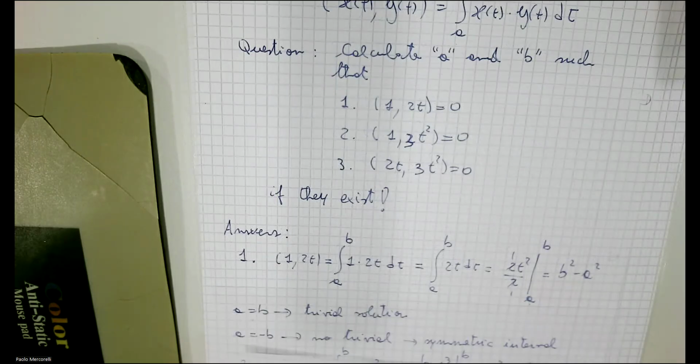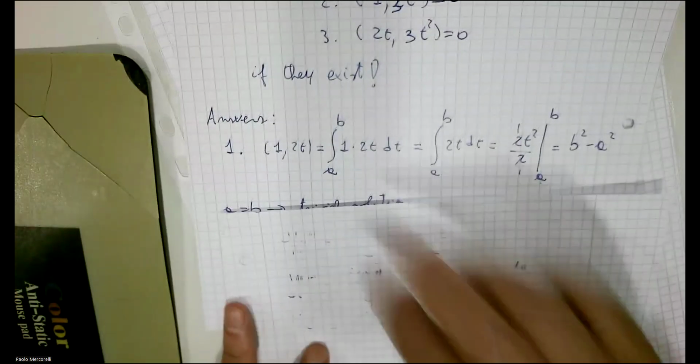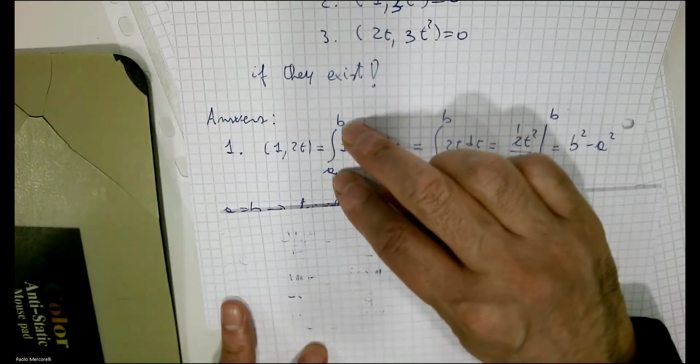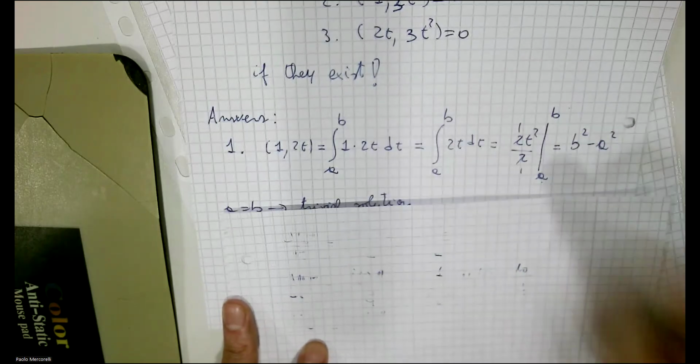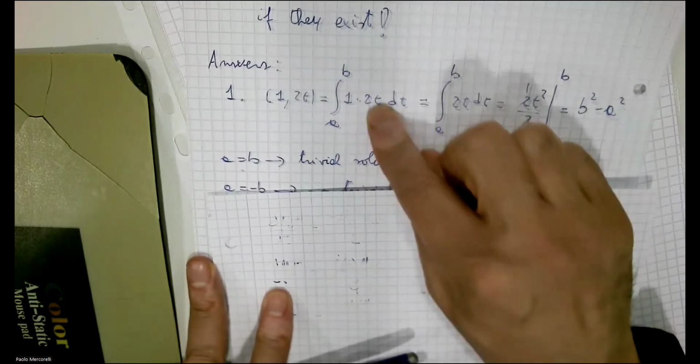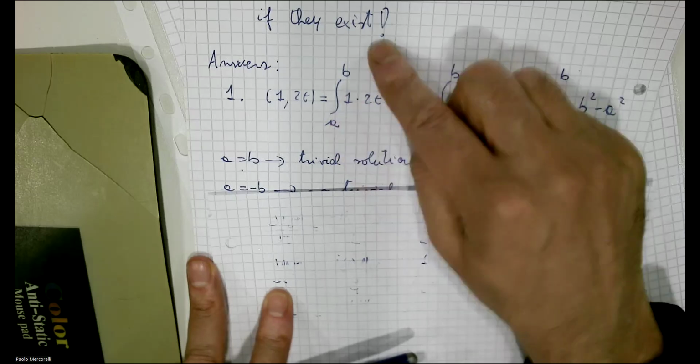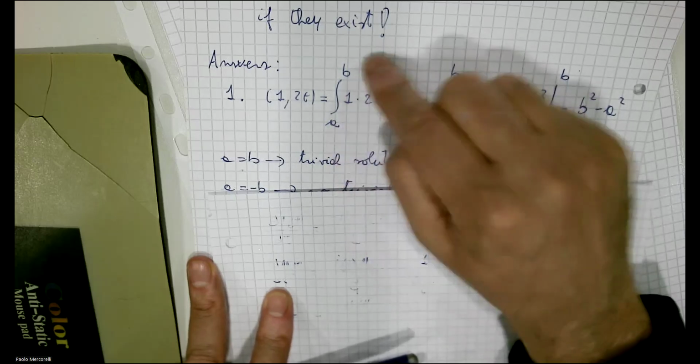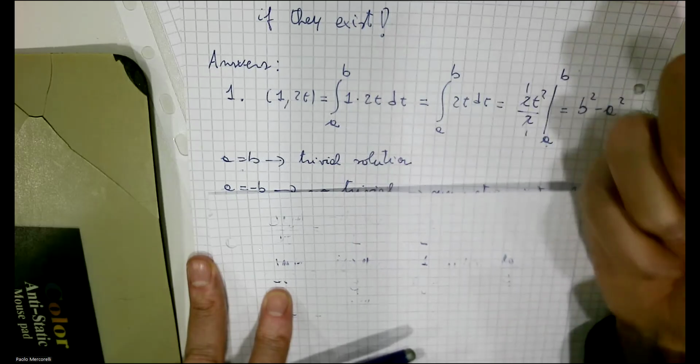But of course, in this case, we have a trivial solution, because if A equal B, I annihilate the interval. This means this solution is not relevant, because each function integrated between A and A is clearly 0.